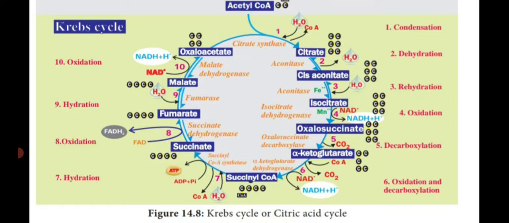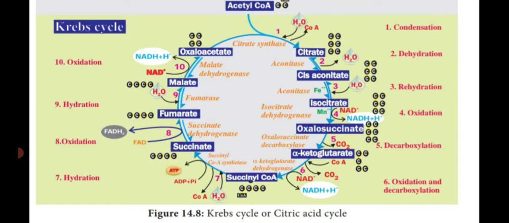Next, the fumarate absorbs one molecule of water by the enzyme fumarase and is converted into another 4-carbon compound, malate. Finally, oxidation takes place in the 10th step: malate is converted into oxaloacetate, a 4-carbon compound, in the presence of malate dehydrogenase.